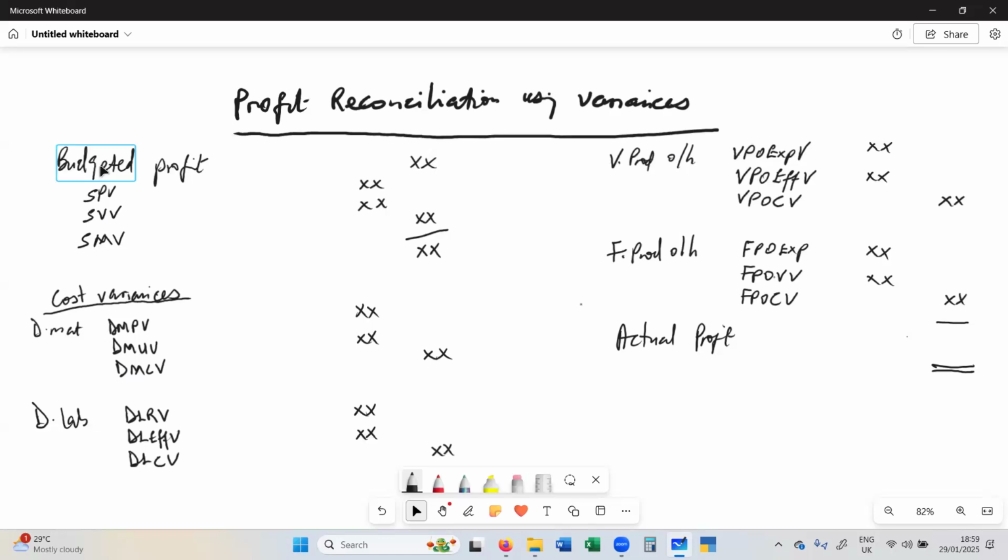Just have your budgeted profit, add or less all your sales related variances, and now come to your cost related variances. Add or subtract, you will finally get your actual profit. So that is the thing to do. As we move on, we will solve the questions so we can reconcile the profit.